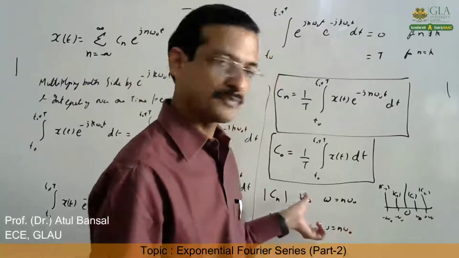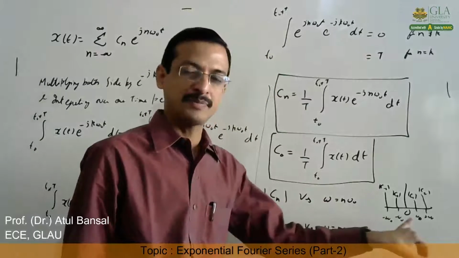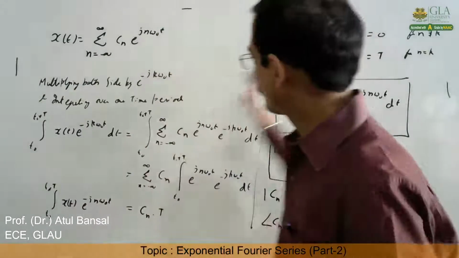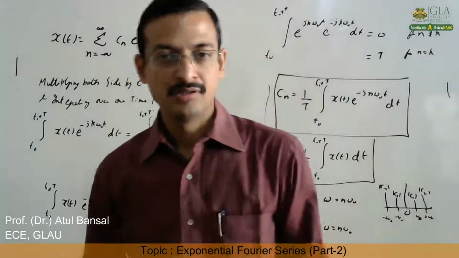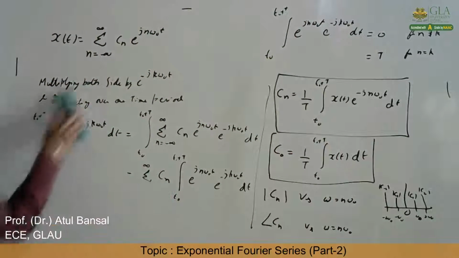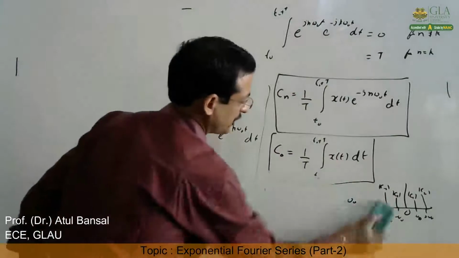What are the different parts of the spectrum? What is the type of those spectrums? That is all about the Fourier spectrum and the evaluation of Fourier coefficients in the case of the exponential Fourier series. Now, let us rewrite the relationships between the different coefficients.